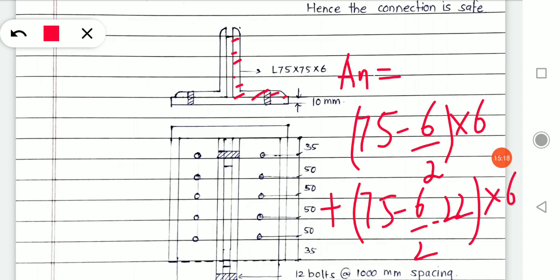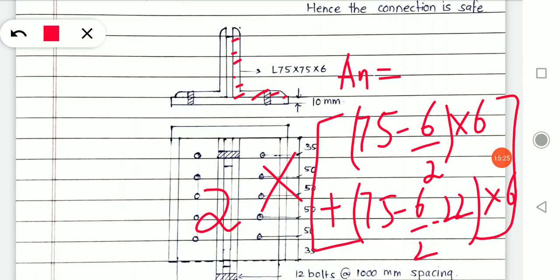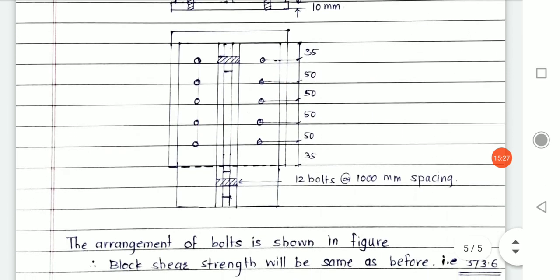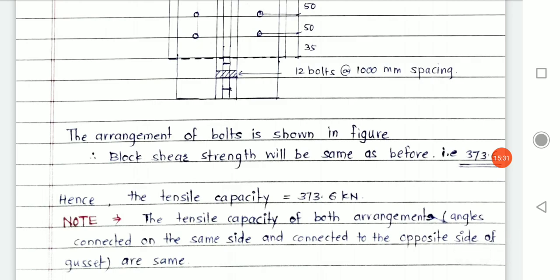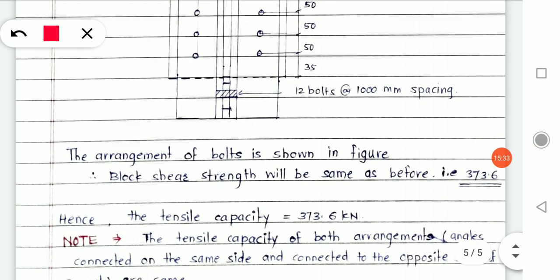So the net area value remains the same, and if I multiply this whole value with 2, I will be able to calculate the net area for the whole section. Therefore, TDN value is also not changed.